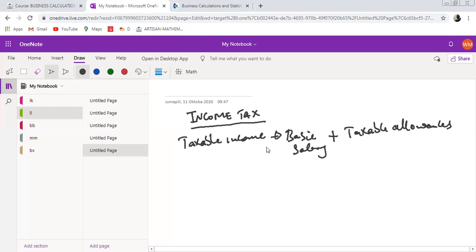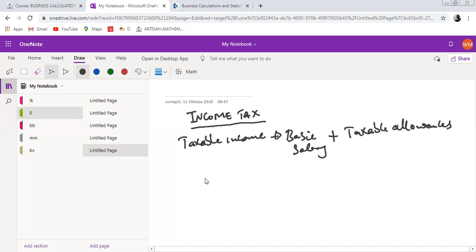Then this amount that we have referred to as the taxable income will be subjected to taxation using the prevailing tax rates. So, for example, here there is a tax rate that is applicable.